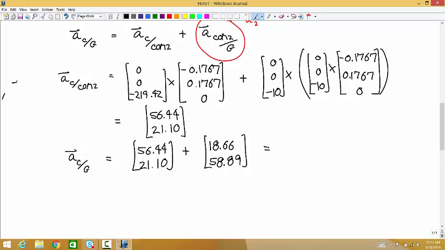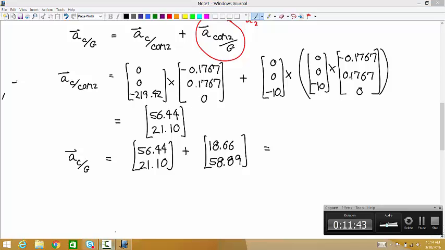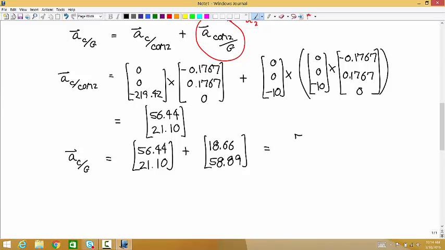And what do you get for that? Okay. Meters per second squared. Any questions about that?